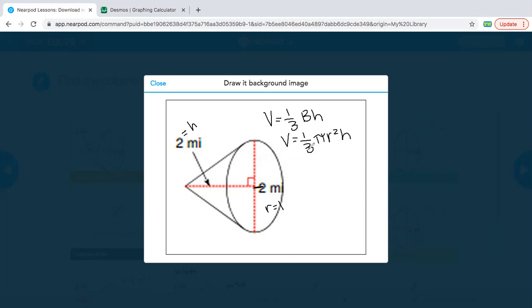Good. 2.09. 1/3 times pi times 1 squared times 2. When you put it into Desmos, you should have got 2.09. If you didn't get that and you figured out your error, please share so that we can talk about the mistakes that we make.